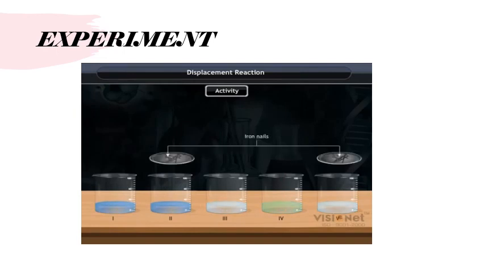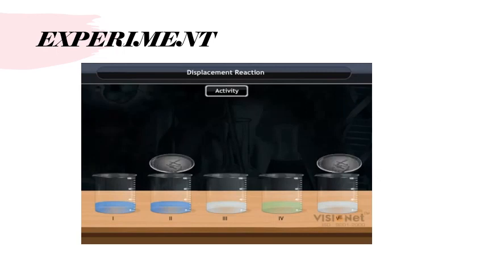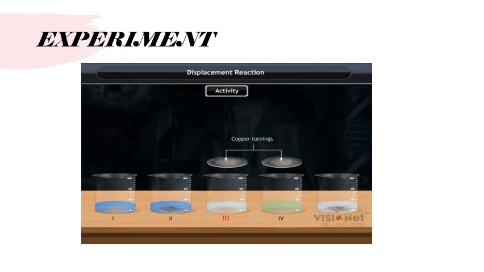Now add some iron nails to beakers 2 and 5, copper turnings to beakers 3 and 4, and zinc granules to beaker 1. Then keep the beakers undisturbed for some time and observe carefully.